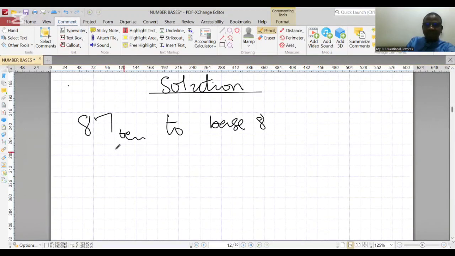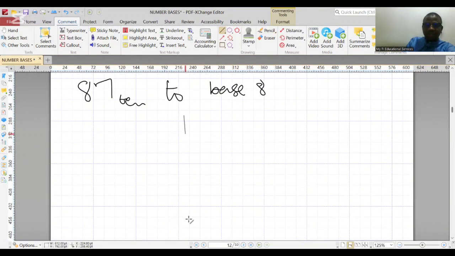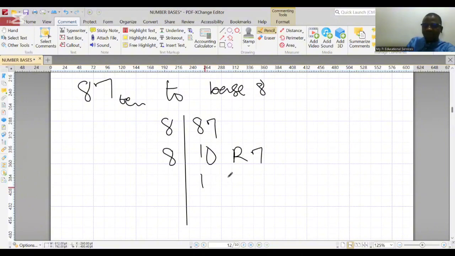Because we are changing 87 to base 8, we keep dividing 87 by 8. 87 divided by 8 gives 10, and we have a remainder of 7. 10 divided by 8 gives 1, with a remainder of 2. Finally, 1 divided by 8 gives 0, with a remainder of 1.